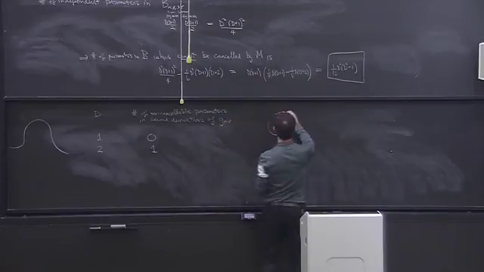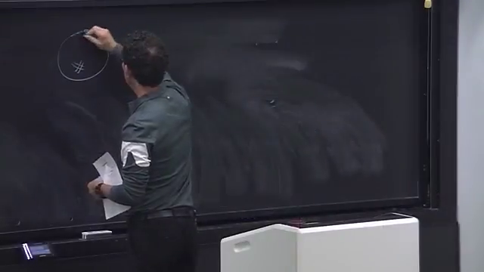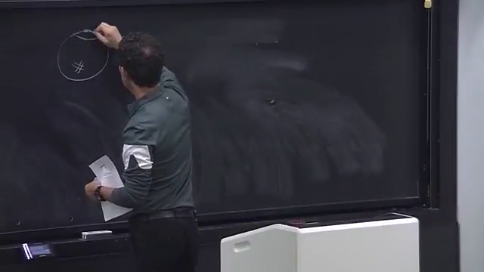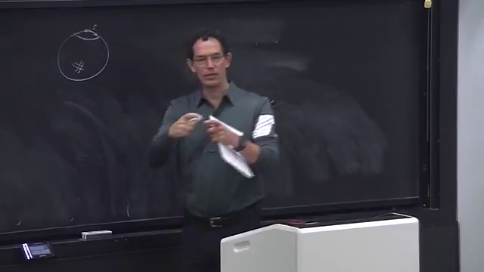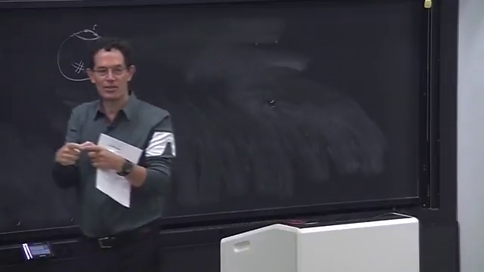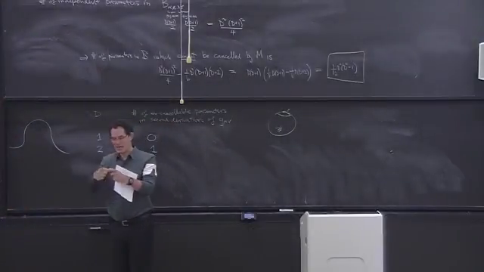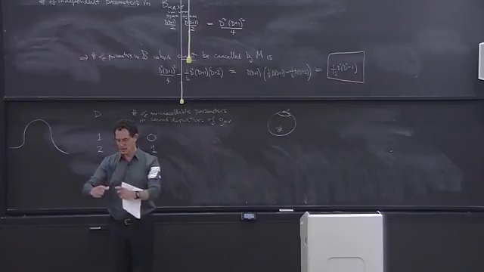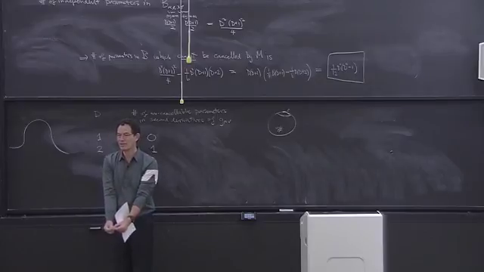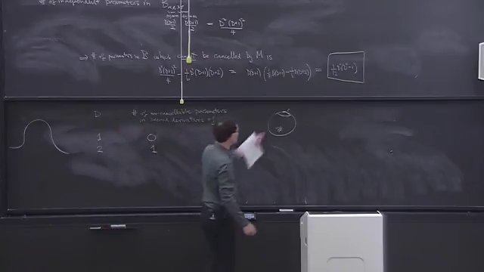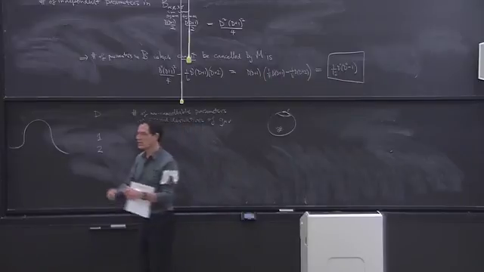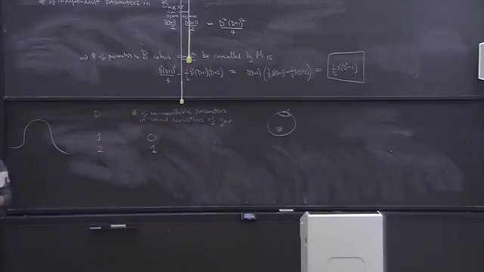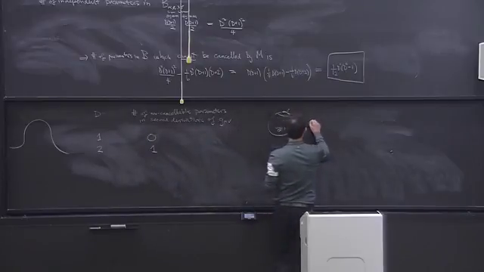If I sit at the North Pole and I go out a radius r, the length of the circle is not 2 pi r. It's smaller. And as the circle gets further away, eventually it becomes the equator. And even further away, it shrinks to 0. So the behavior of the geometry is definitely not flat space, and all of these things are signals of positive curvature. This is positive curvature.